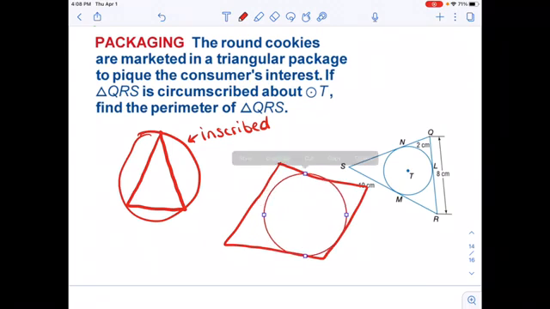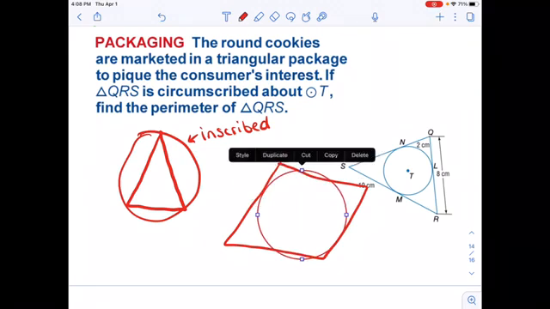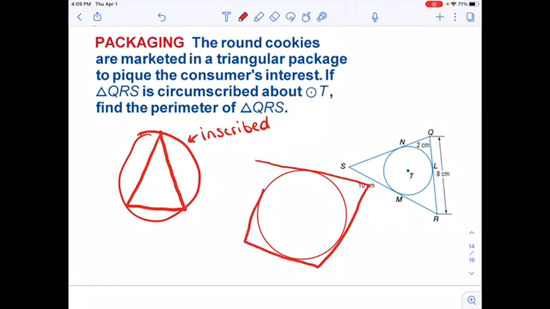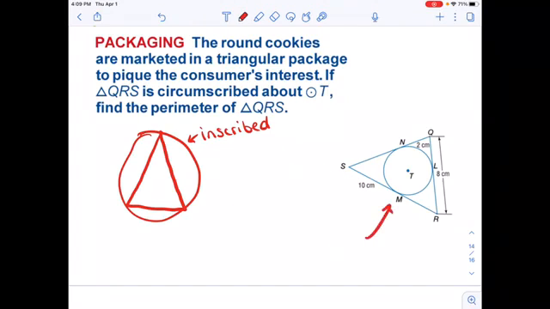See, I did pretty okay. Sometimes it's hard to draw it so that it matches up. Anyway, this just tells us that we have a bunch of tangents. Okay? So, it's easier to look at this. This is circumscribed.